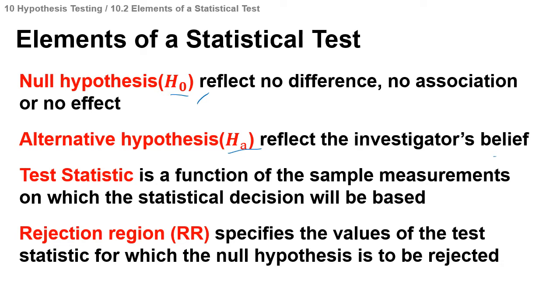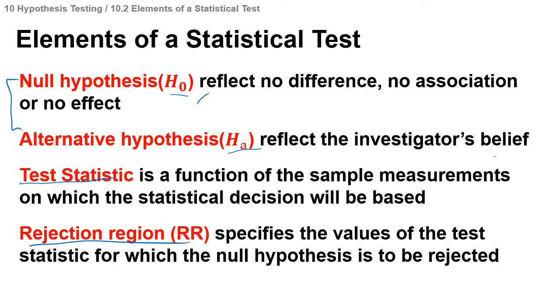And the test statistic is a function of the sample measurements on which the statistical decision will be made. So in hypothesis testing, we use this test statistic, and to decide whether we will reject the null or not, we use a decision rule, like a rejection region.